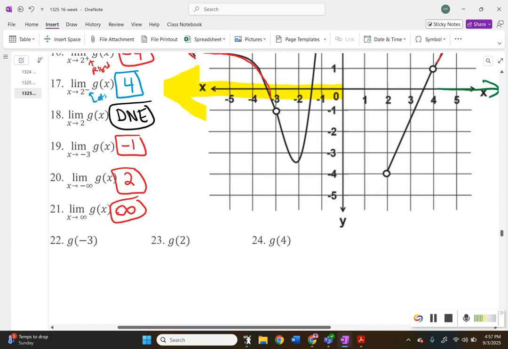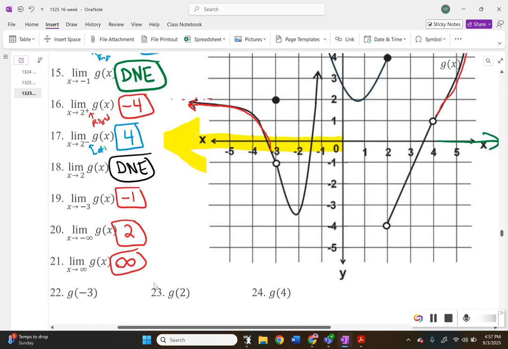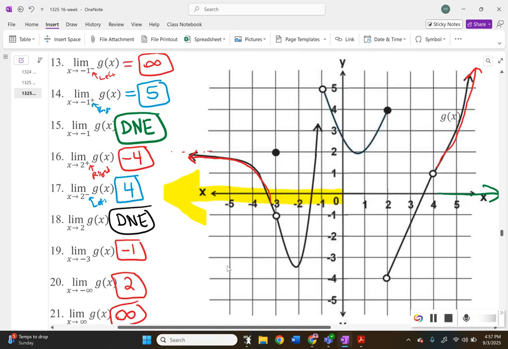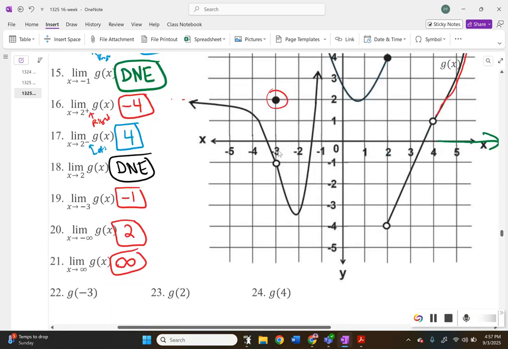And then numbers 22, 23, and 24, these are not limits anymore. These are asking us to find the y values. So it wants the y value when x is negative 3. When x is negative 3, look up and down at negative 3, and you find a point right there. So the y value is 2. So g of negative 3 is 2.